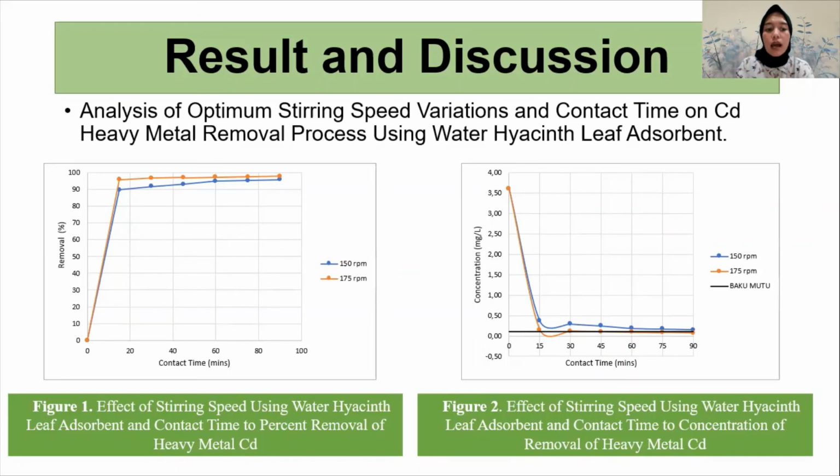Based on Figure 1 and Figure 2, the speed of 175 rpm is the optimum stirring speed for heavy metal Cd, and 60 minutes of contact is the optimum time.